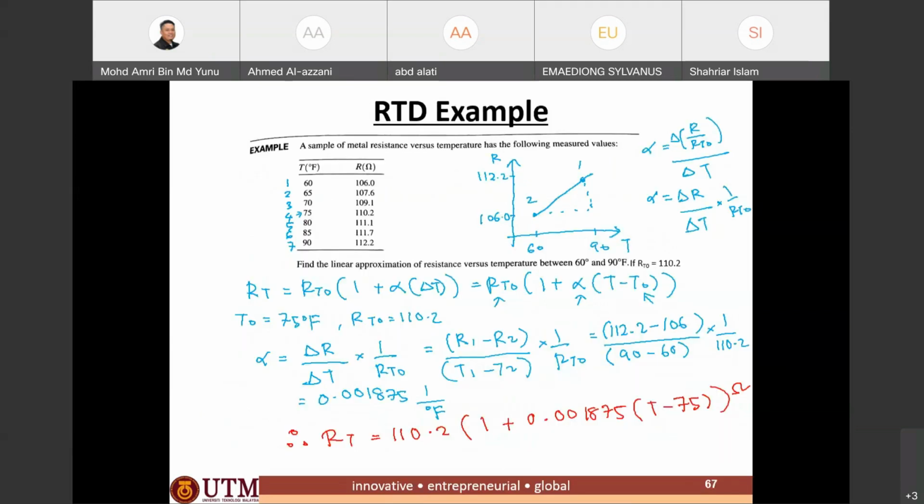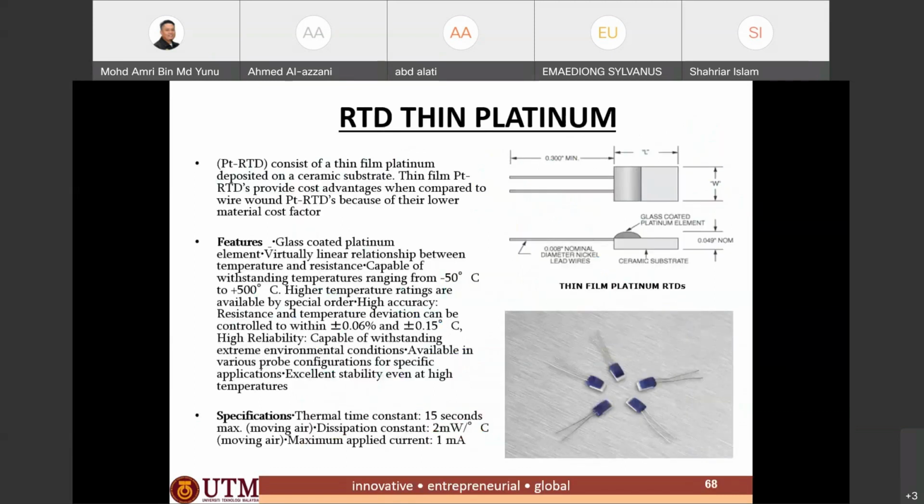So that's how we approximate the equation for RTD based on the characteristic of a metal, resistance versus temperature. These are some different constructions of RTD.